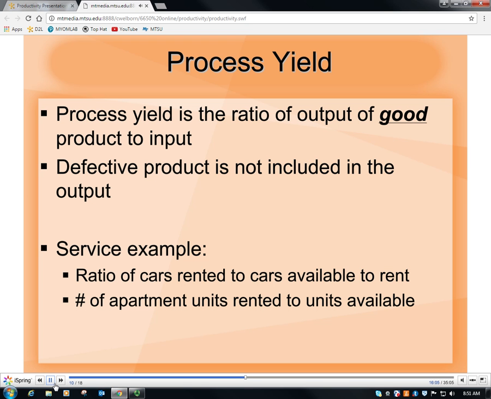For some of you, the concept of process yield is important. Process yield is a ratio of output of good product to input. Defective product is not included in the output. Sometimes folks have a hard time with that when they think about productivity and yield.